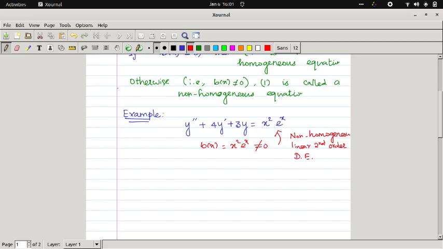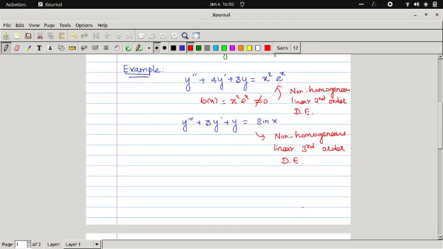Second example, we see y triple prime plus 3y prime plus y equal to sin x. This is also a non-homogeneous linear third order differential equation.